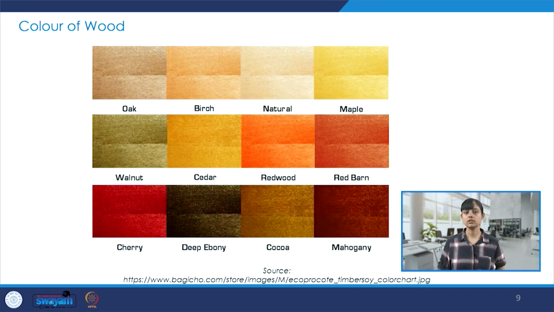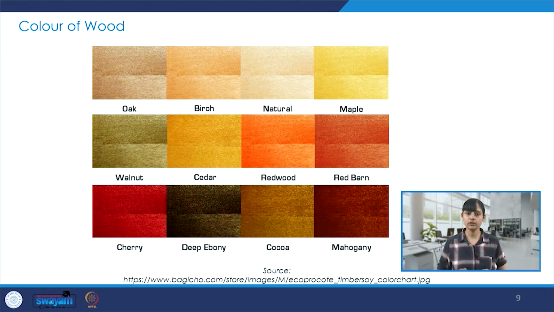There are different types of colors in which we could find woods. And there is this natural color palette that a designer could achieve merely by selecting the kinds of woods, because they come in this variety and it's so diverse.